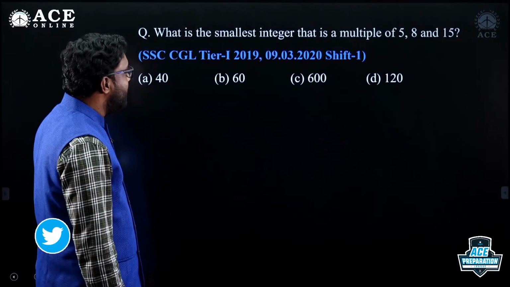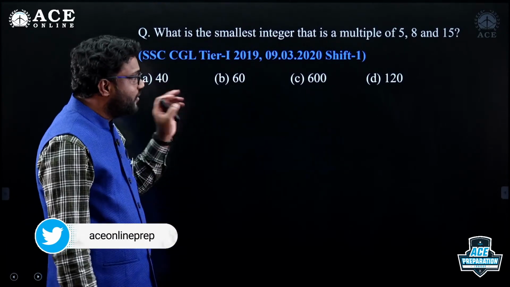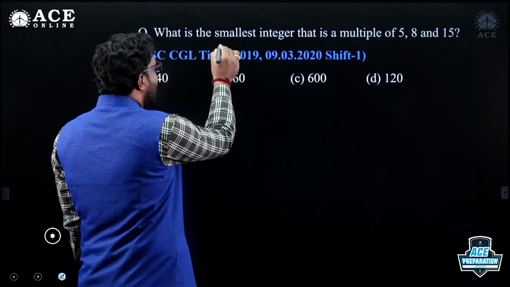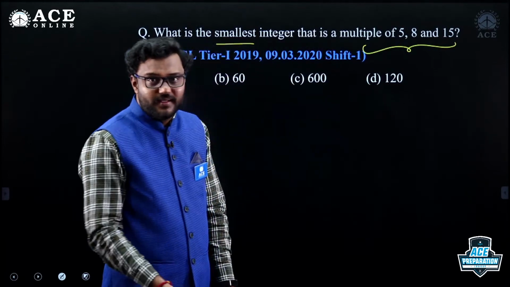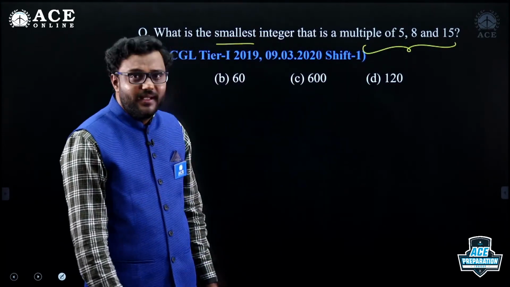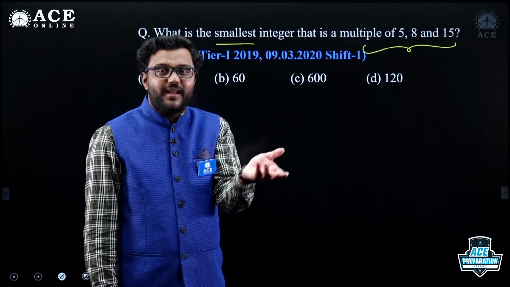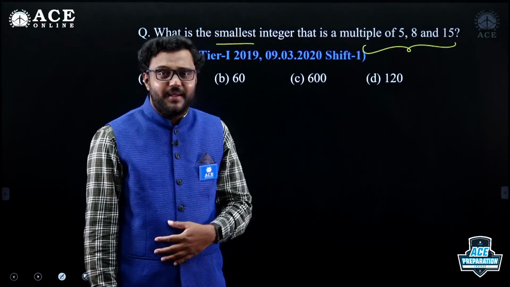See the next question. This is also a previous question from 2019. The same thing you can apply. Smallest number, multiple of, or divisible by. Multiples and divisible are both synonyms actually. Multiples of 5, divisibles of 5, it is almost on similar lines.